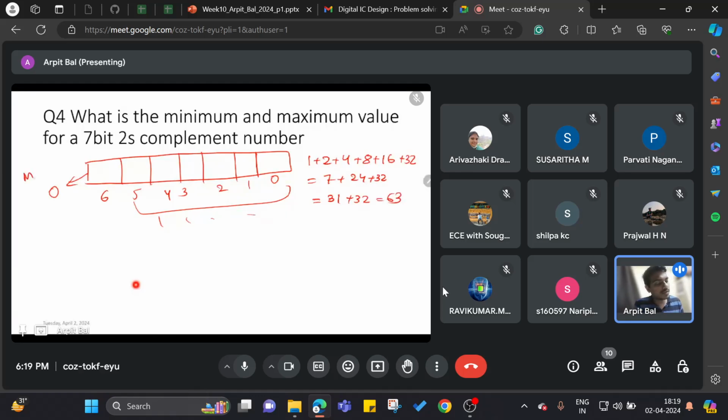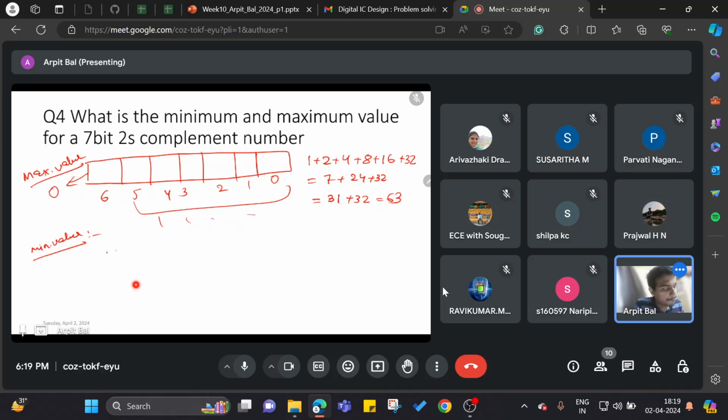Okay, so this is for the maximum value. What about the minimum value? Minus 64.